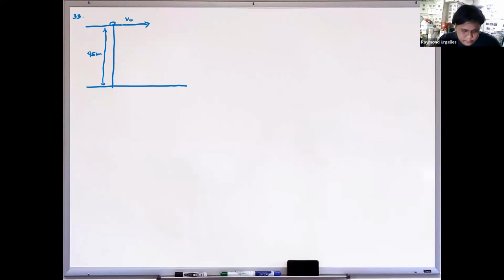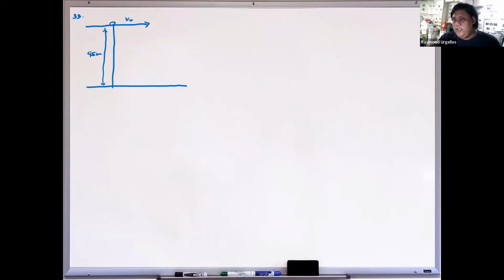Let's go to the next page. We have a building which is given as 45 meters tall. Let's say this is our ball, and this is the initial speed, v naught.